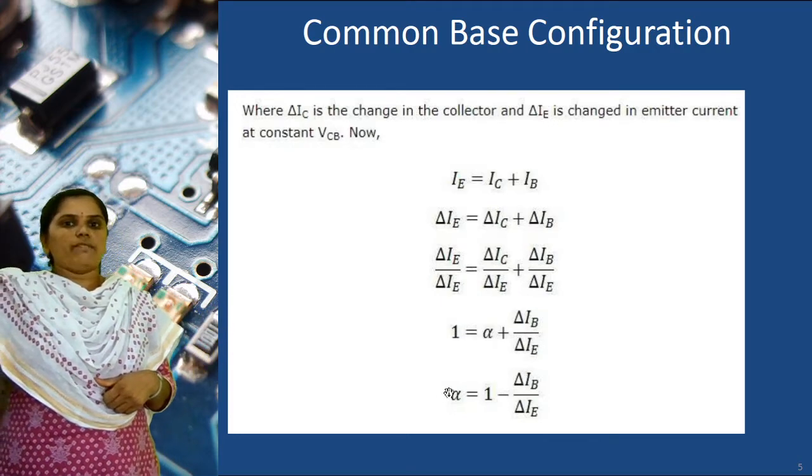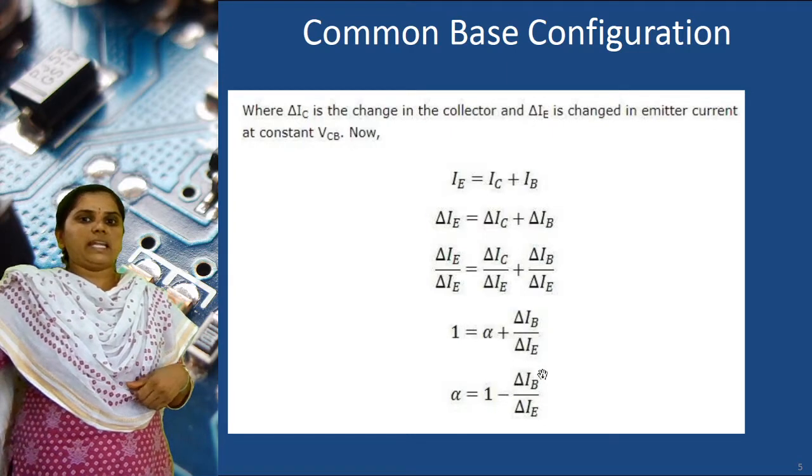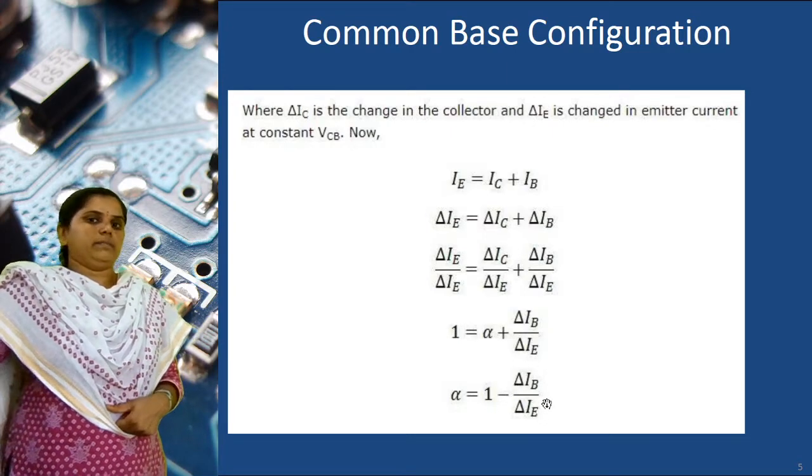So alpha is equal to 1 minus delta IB by delta IE.